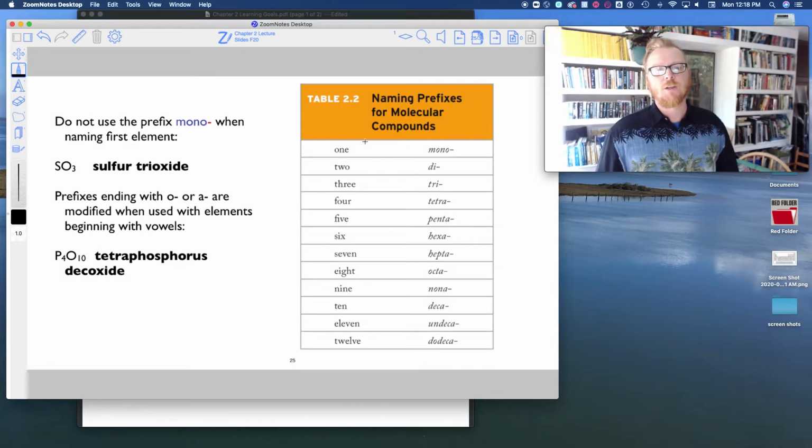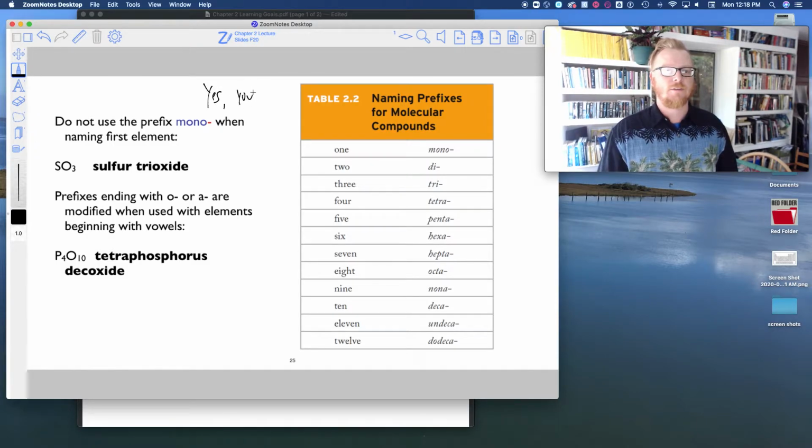So 1, 2, 3, 4, 5, 6, 7, 8, 9, 10, 11, 12. We really won't even get much past like 7 or 8, to be honest. But here they all are. Mono, di, tri, tetra, penta, hexa, hepta, octa, nona, deca, undeca, dodeca.